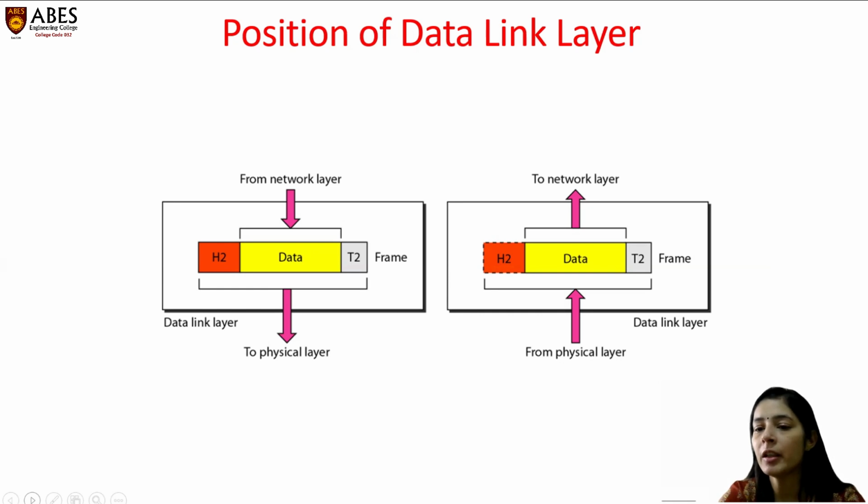At the receiver end, the physical layer passes the data to the data link layer, and the data link layer's responsibility is to remove the header as well as the trailer, and based on the trailer, detect whether the receiver has received corrupted data or correct data. And if the data is correct, then the data link layer passes the data on to the network layer. This diagram illustrates the position of the data link layer in the OSI reference model.